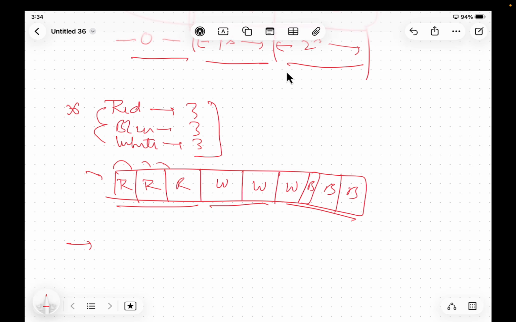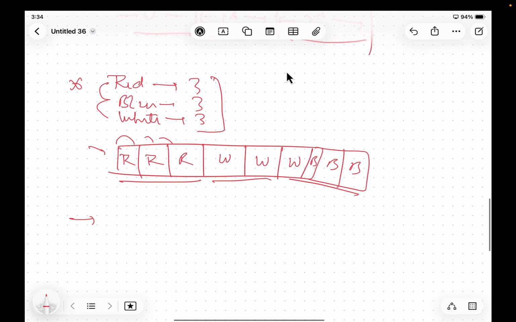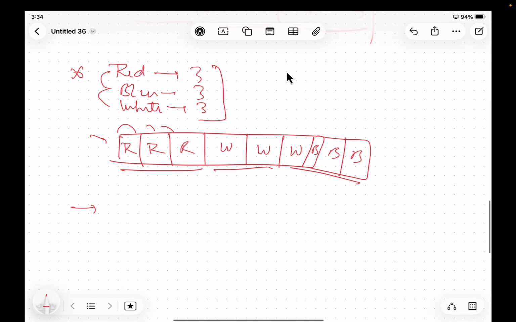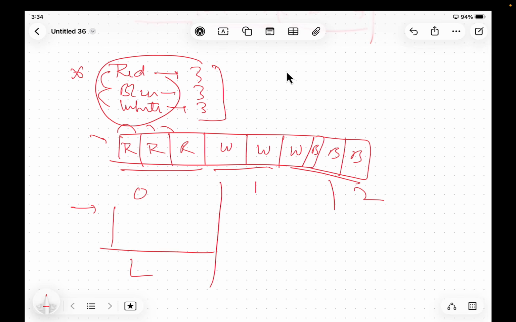Now think carefully. I'll give some names to this. I am having zeros, ones, and twos. I will say this is the left side, this is the middle side, and this is the right side.